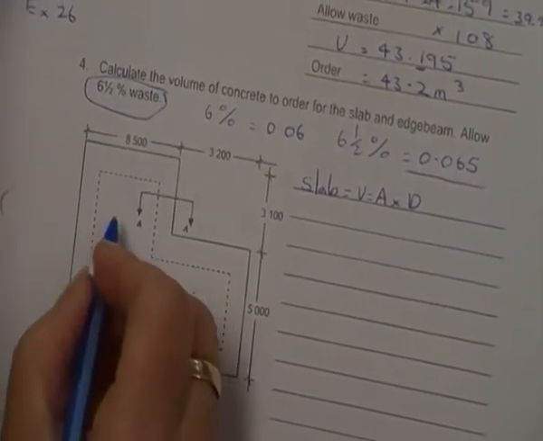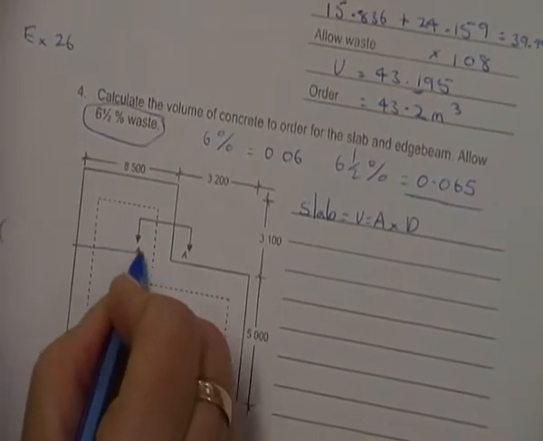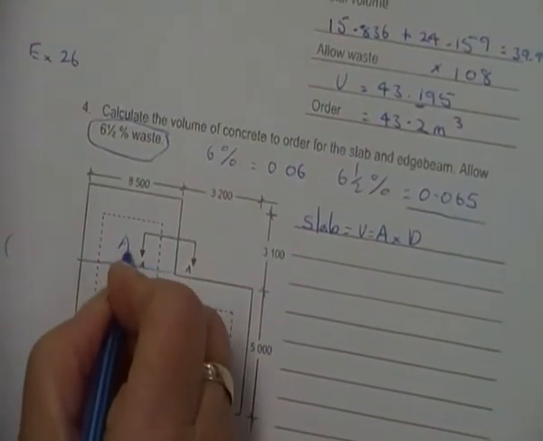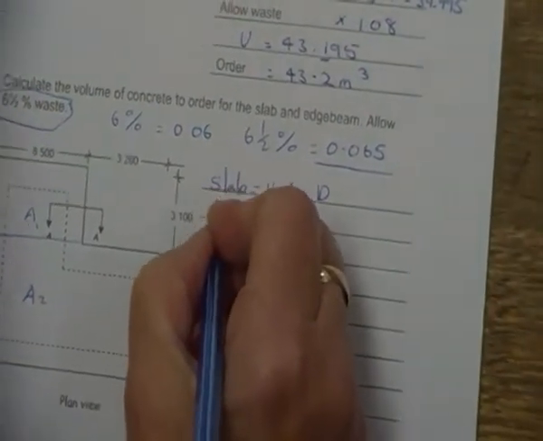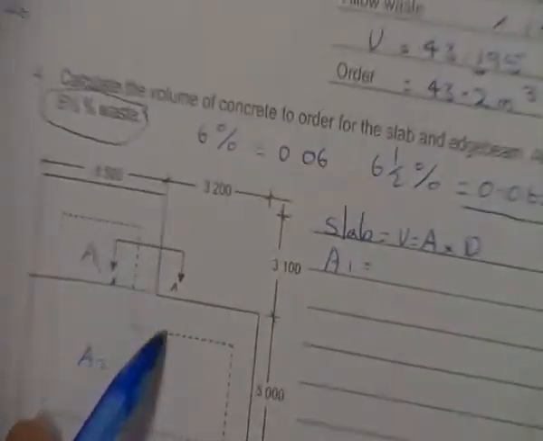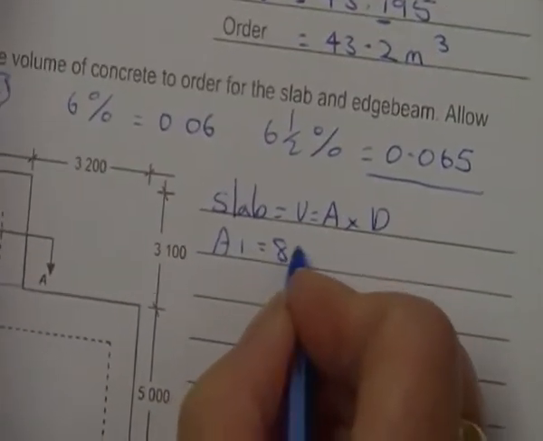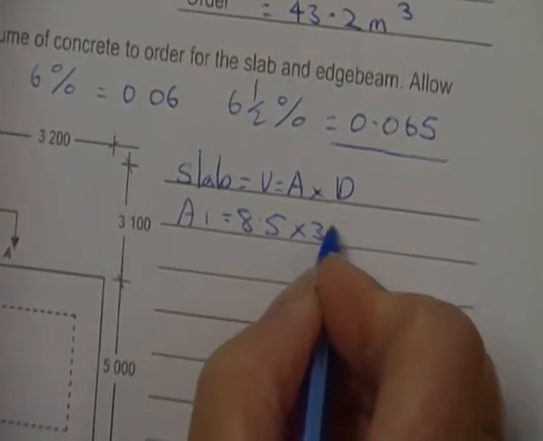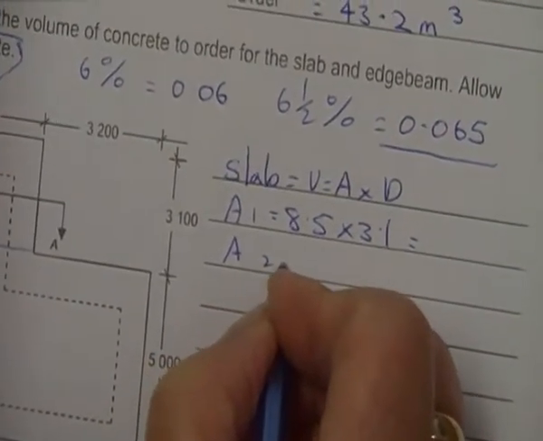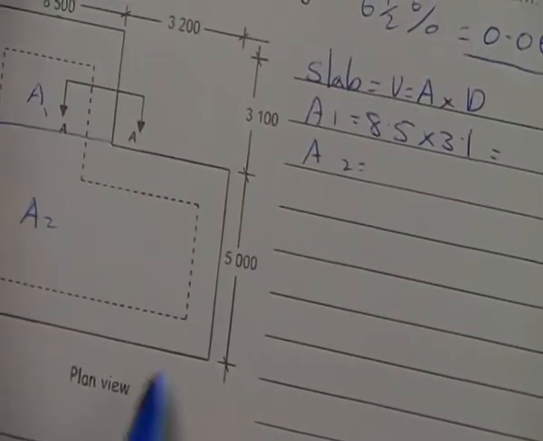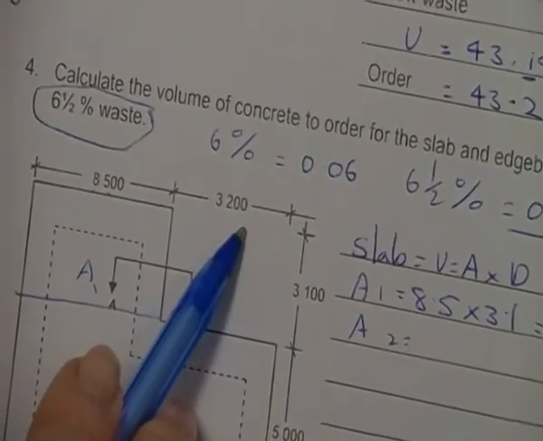Area 1 is 8.5 by 3.1. 8.5 times 3.1 equals. Area 2, you've got to add these two figures together.